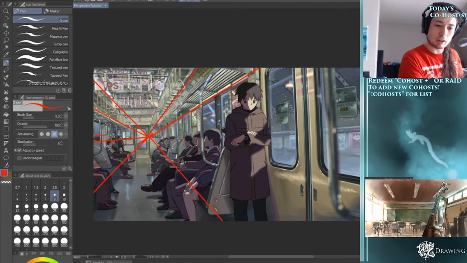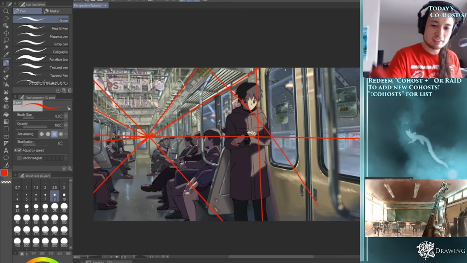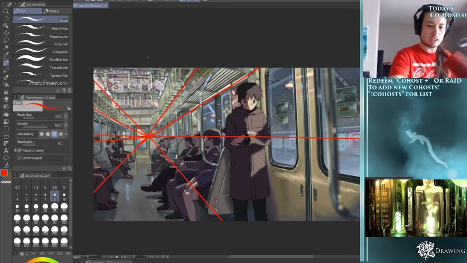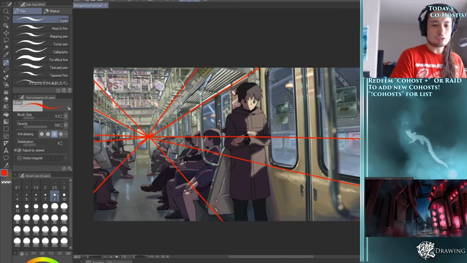That means that the horizon is here. But what have we learned? Why isn't it here? Because it's not interesting. This is the left third. To use one-point perspective effectively, you need to remember the rules of composition.